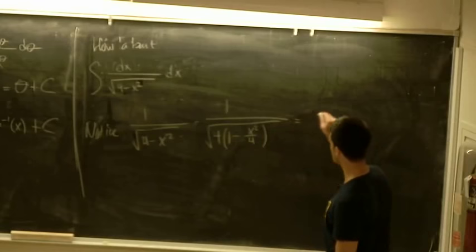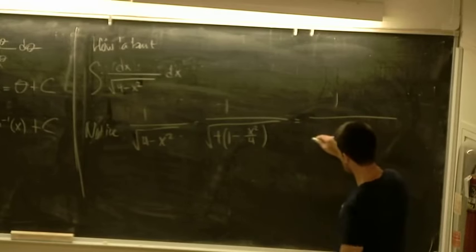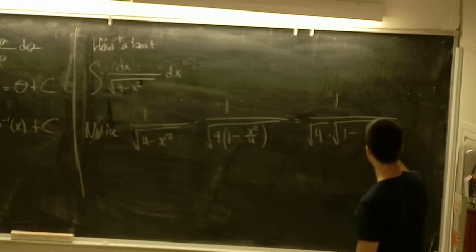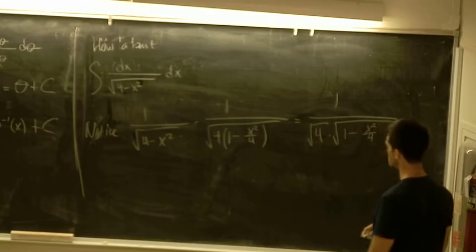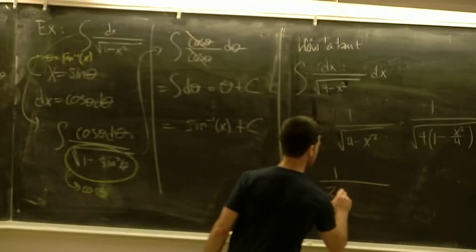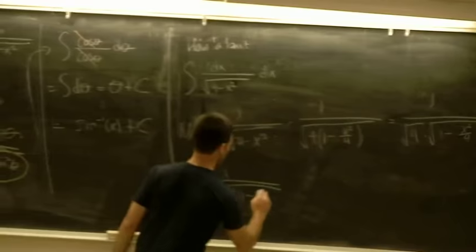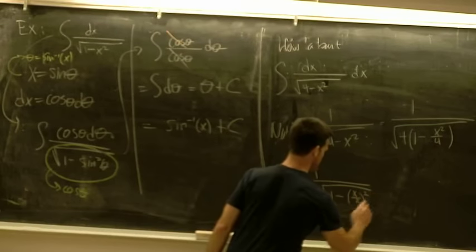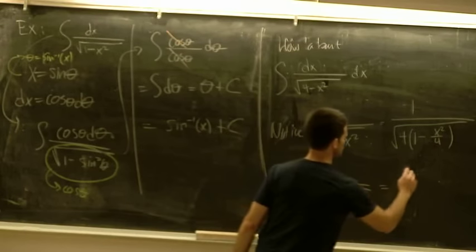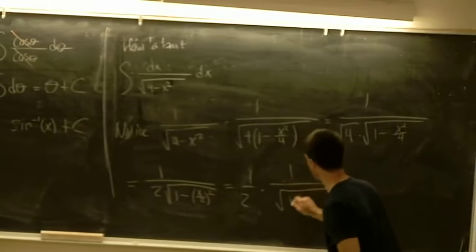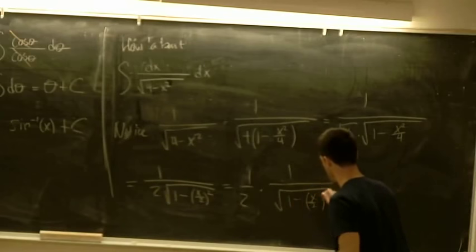So that's the same as the square root of 4 times the square root of 1 minus x squared over 4, which is the same as 1 over 2 times the square root of 1 minus, and 4 is 2 squared, so that's the same as x over 2 squared.